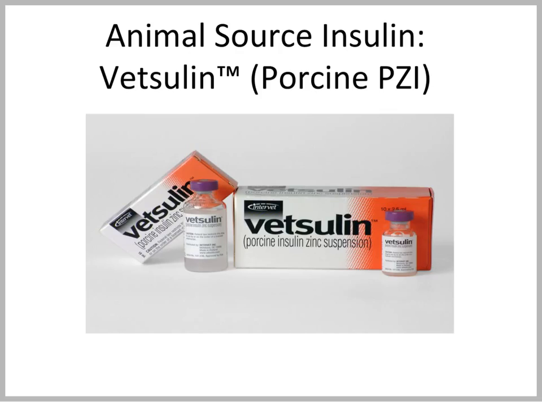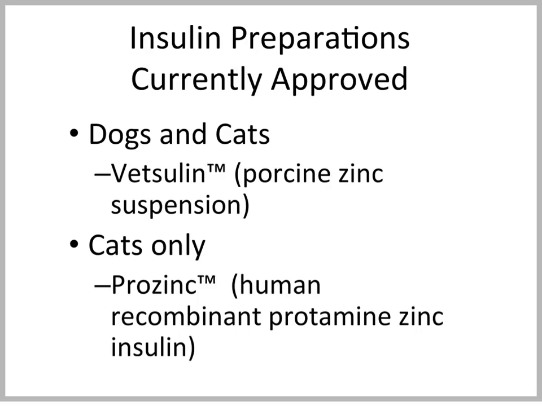So this is a picture showing Vetsulin. As I said, this is a porcine insulin suspension, and it is the only animal source insulin currently on the market. The insulin preparations which are currently approved for dogs and cats are Vetsulin, so Vetsulin for dogs and cats, and for cats only the Porcine.